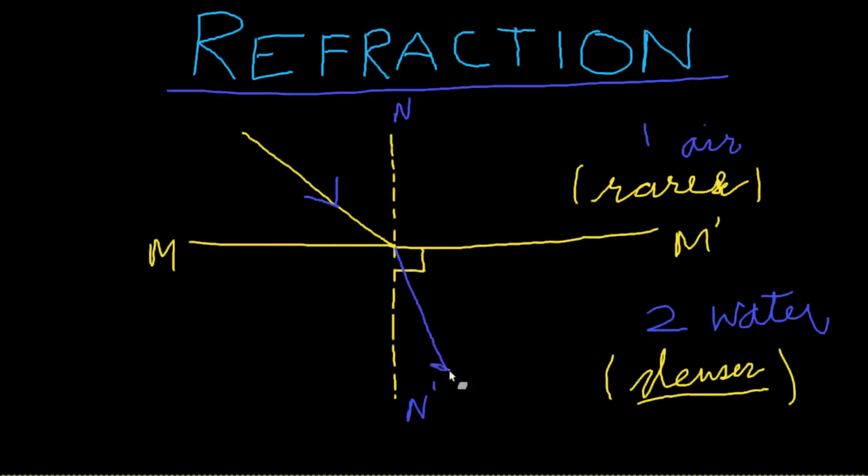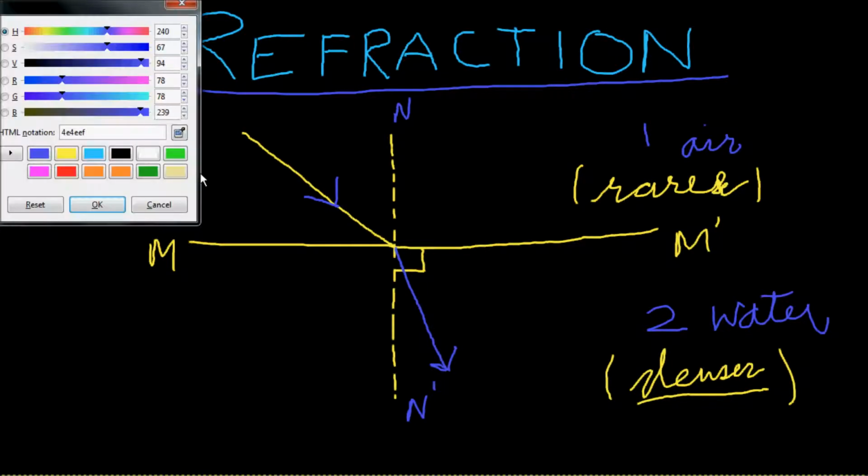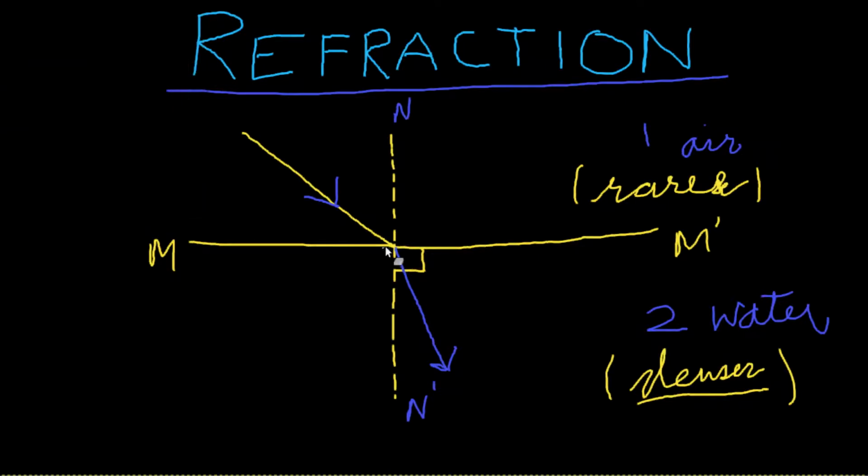Alright, considering that, let's change colors. Considering that this was your initial light ray, and if there had been no refraction, it would have gone this way. This is the change. Now, teachers and the books might use a really fancy symbol, which is this.